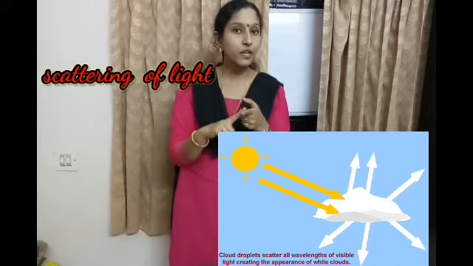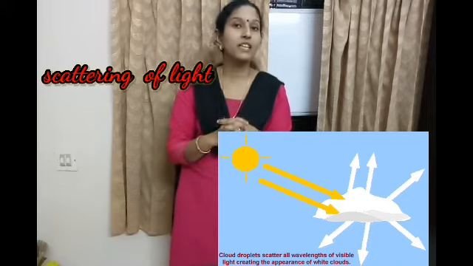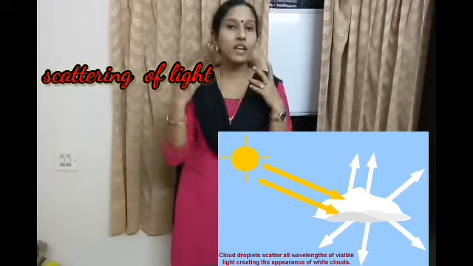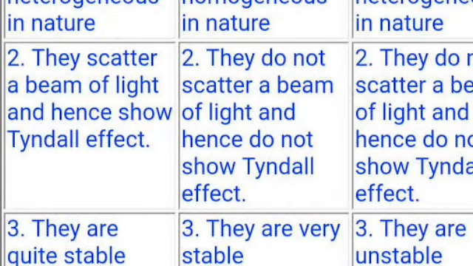And in case of suspension, the particles are big enough to scatter the beam of light, because we can see those particles with our eyes, and due to the big size, the light can strike on them and scatter everywhere. So suspension particles scatter the beam of light. And I told you colloidal particles are between solution and suspension, so they provide enough space for the light to scatter.